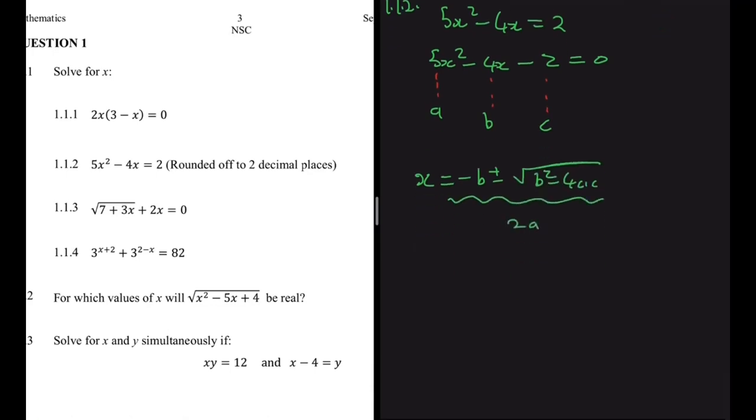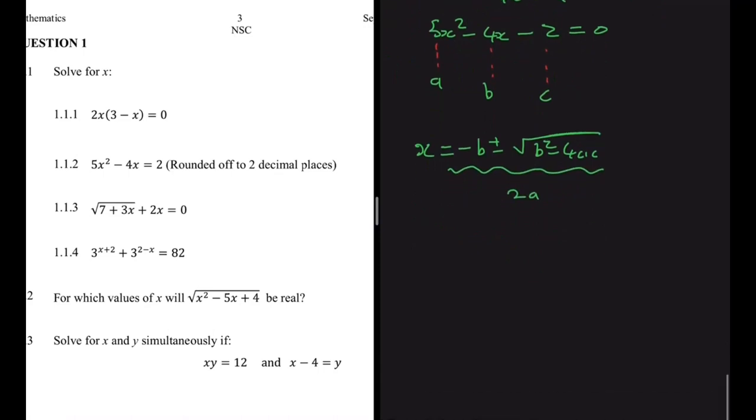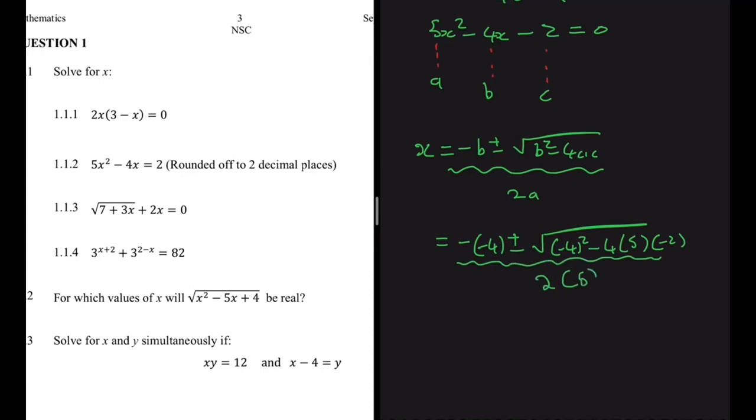So now it's just a matter of substituting into this formula and we get our values of x. So x will be equal to minus b, and b is minus 4, so minus minus 4, plus or minus the square root of b squared, minus 4 squared, minus 4ac. a is 5 and c is minus 2, and then we divide everything by 2a, and a is 5.